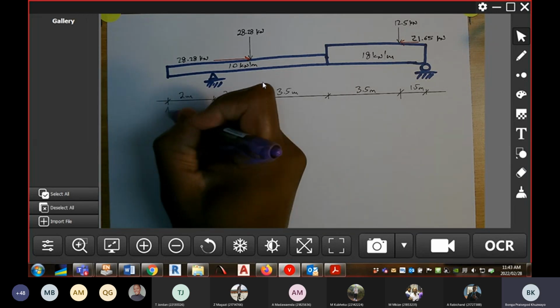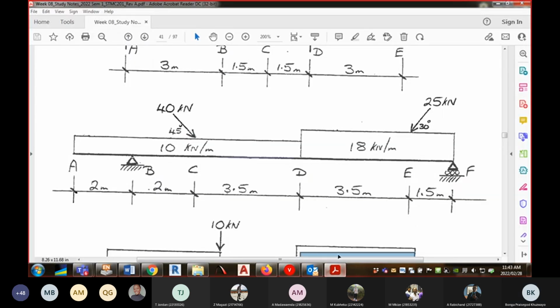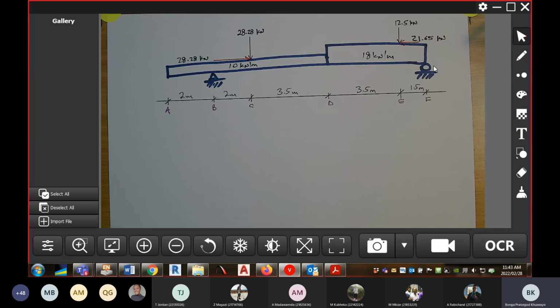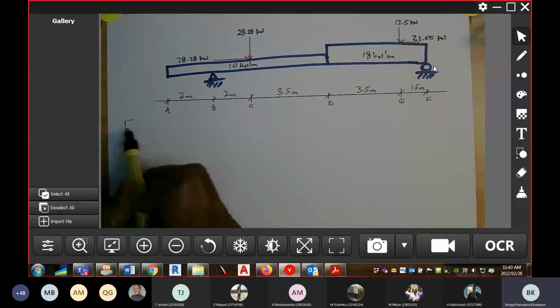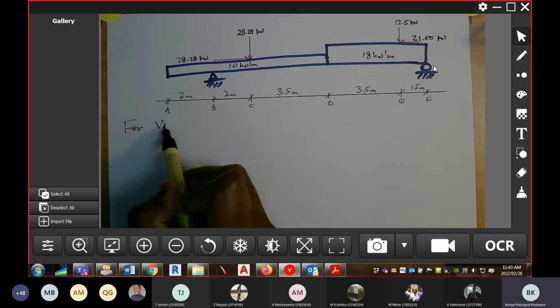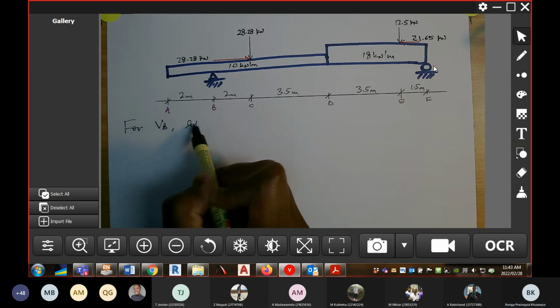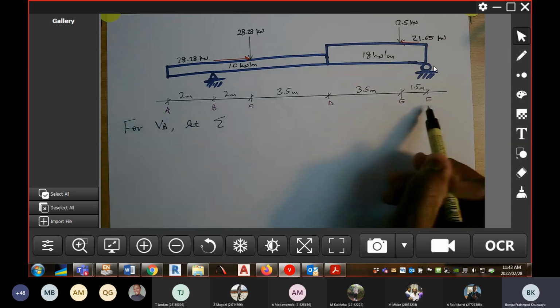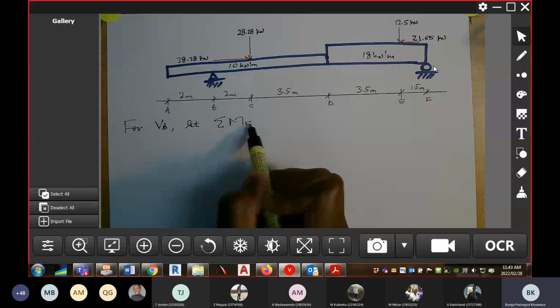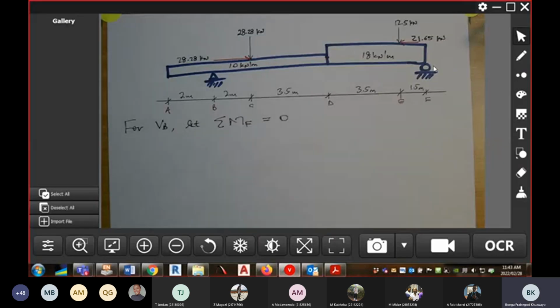This is node A, node B, node C, node D, node E, node F. Okay, same thing we did previously. For VP, let the sum of the moments at node F equal 0.